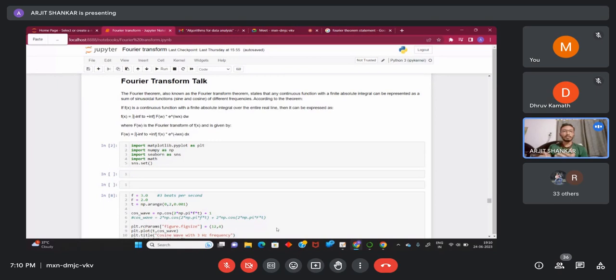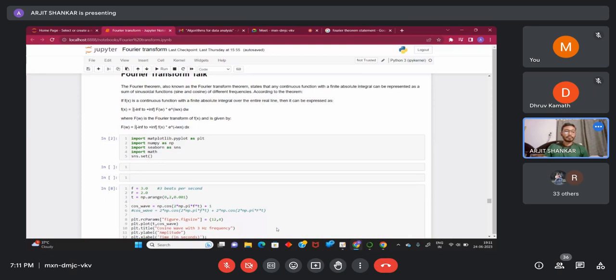They form an orthogonal basis, and we are saying that any periodic or continuous signal can be decomposed in terms of sines and cosines of different frequencies. That's what the Fourier theorem says, and it is the only thing we are assuming over here.